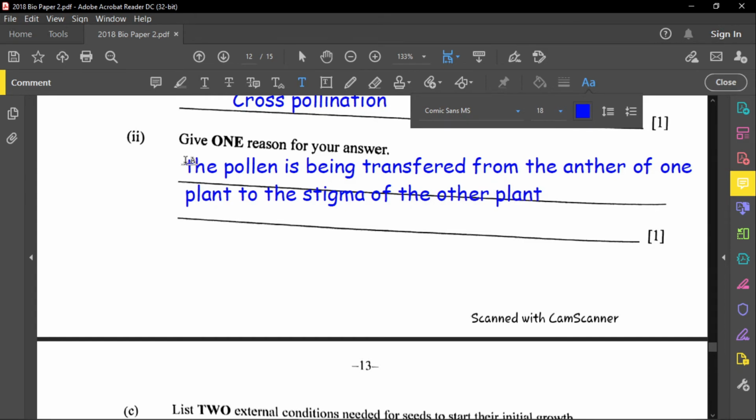And so that's why I call it cross-pollination, right? And again, remember they must be of the same species. It's not the same flower, it's a different flower.